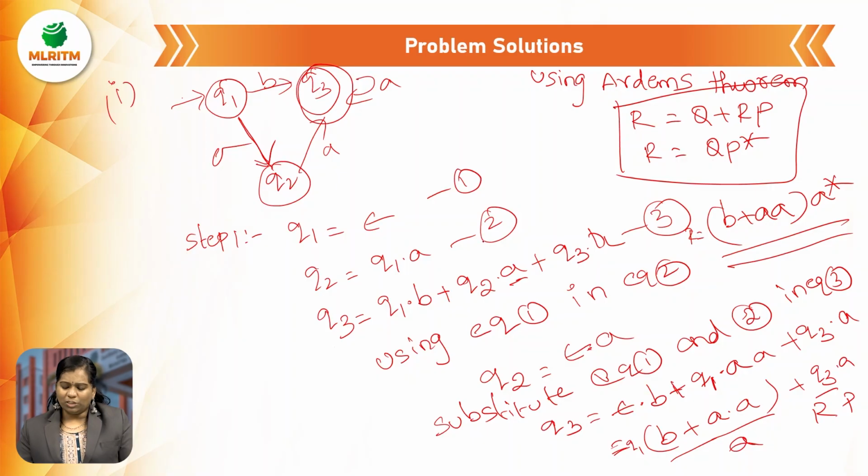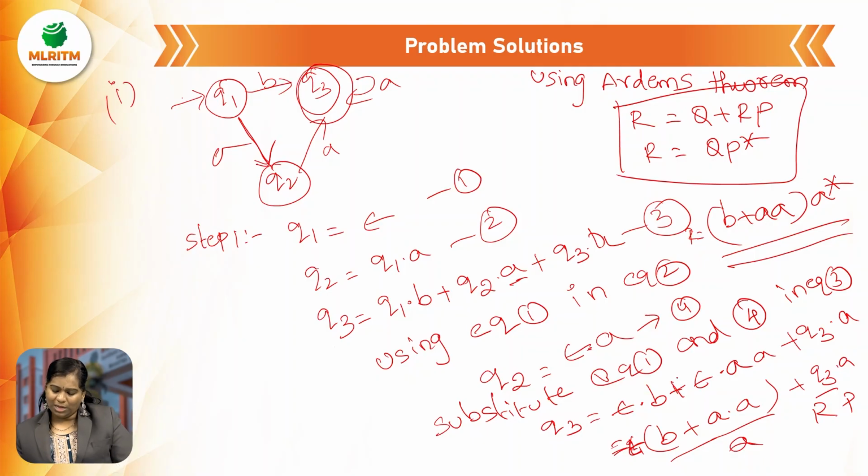So using equation 1 and 2, Q2 is equal to epsilon dot A. So epsilon dot A. So substitute equation 1 and equation 4 in equation 3.